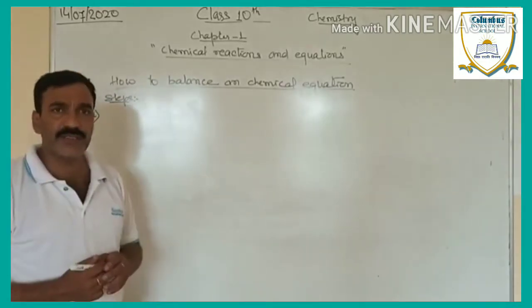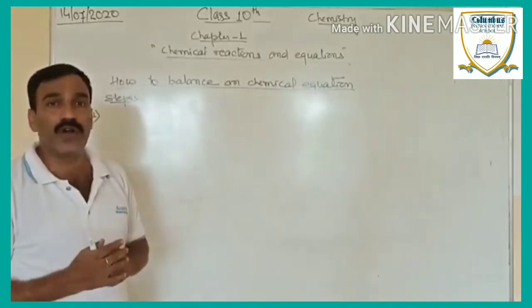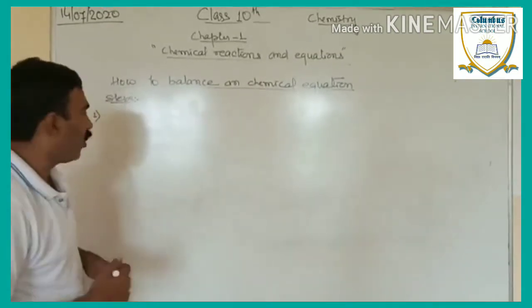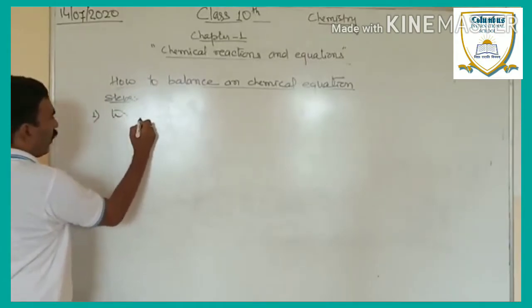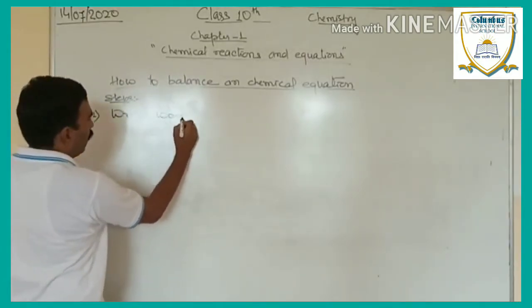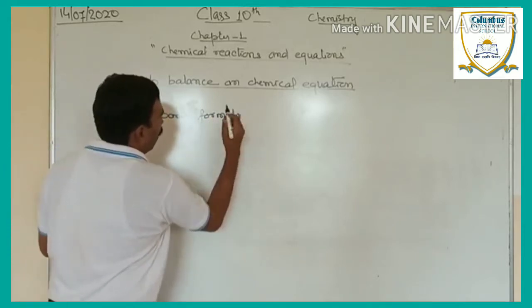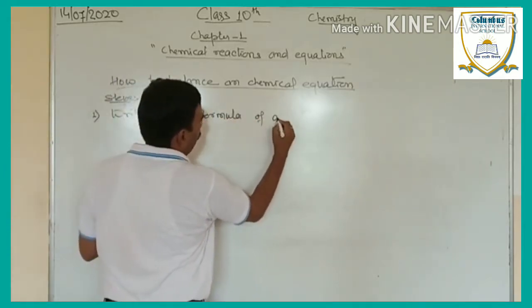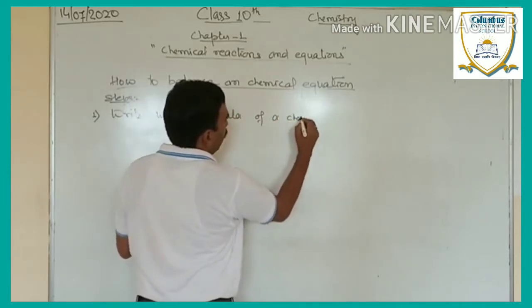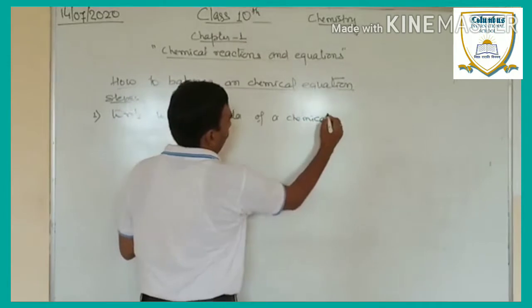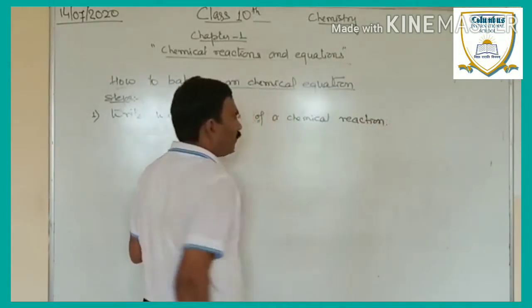The first point of balancing an equation is to write the word formula of the chemical reaction.